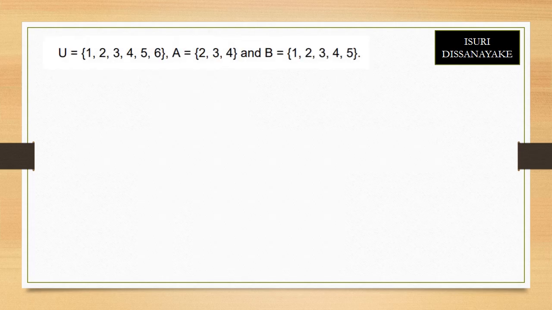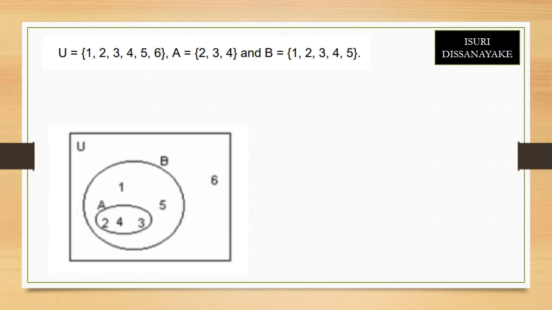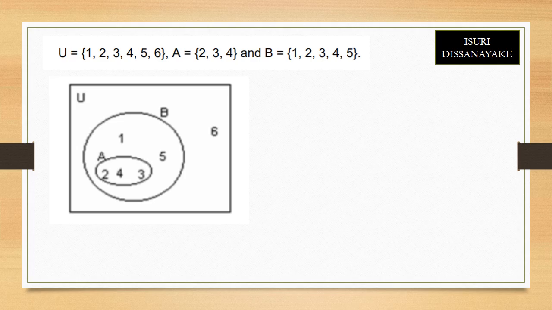I will explain subsets using an example. Look at this diagram. Can you see that the set A has 3 elements, 2, 3 and 4. And all these 3 elements are included in the set B, which is 1, 2, 3, 4 and 5.